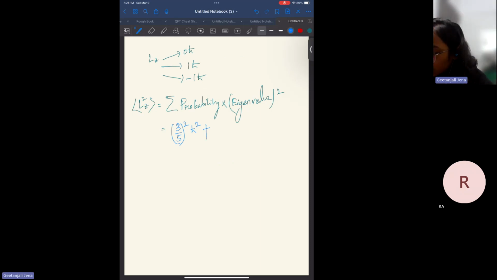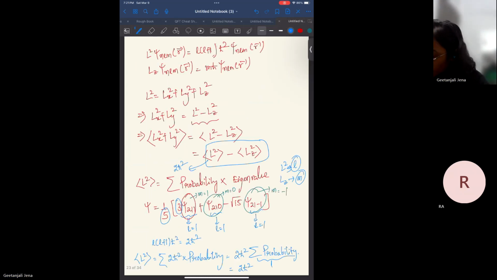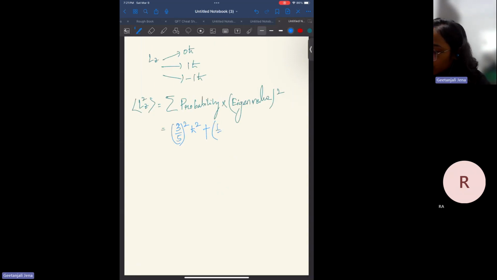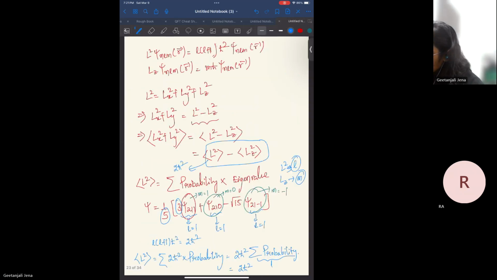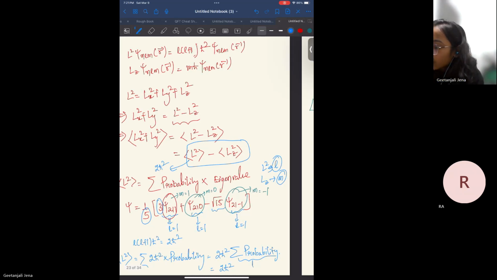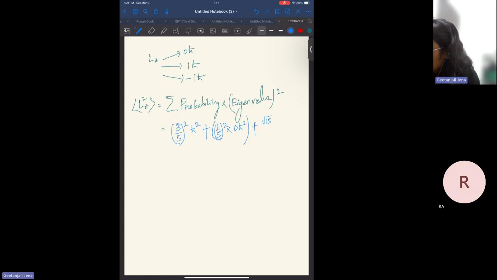For 0 h cut, you will get some probability that is 1 by 5 square multiplied by 0 h cut square. And for minus h cut, you will get the coefficient as minus root 15 by 5, square, multiplied by minus h cut.